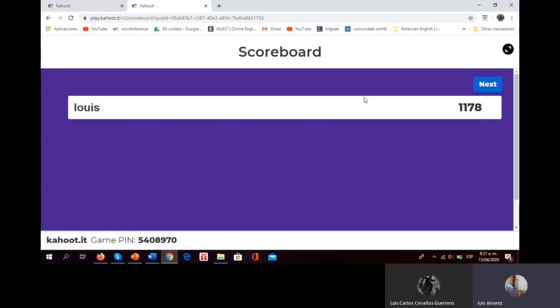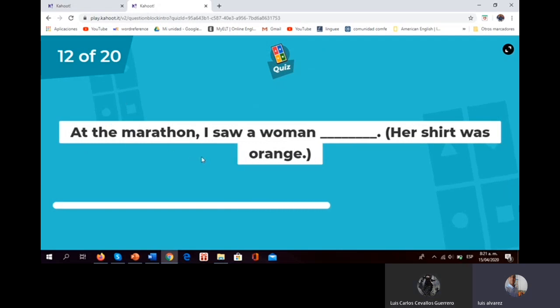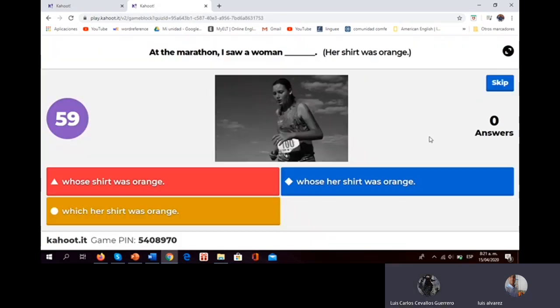Another one. At the marathon, I saw a woman. Her shirt was orange. Which is the correct option of the three?